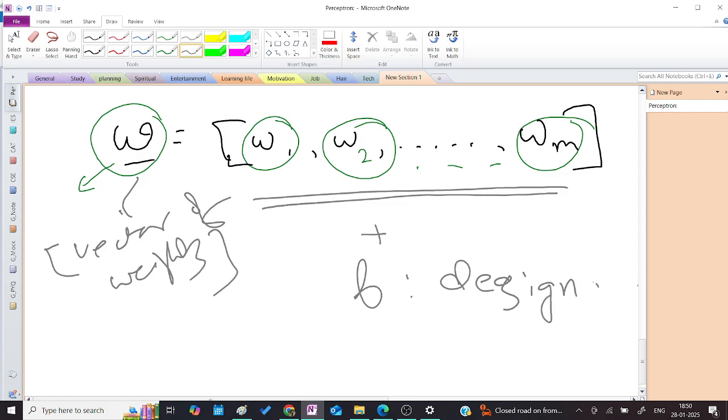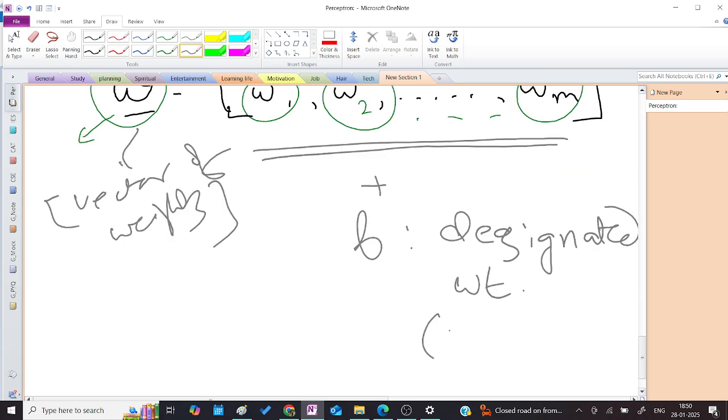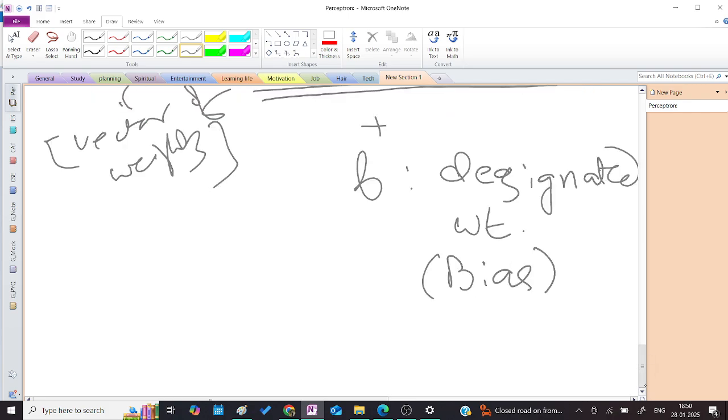In other words, it is also known as bias.